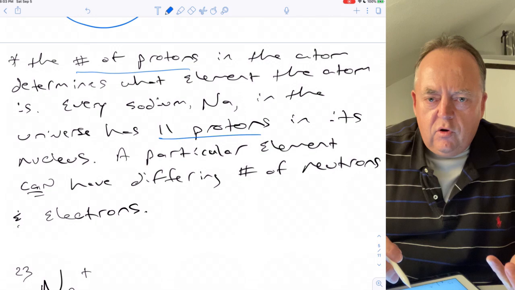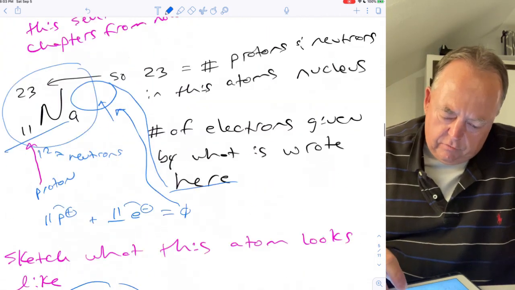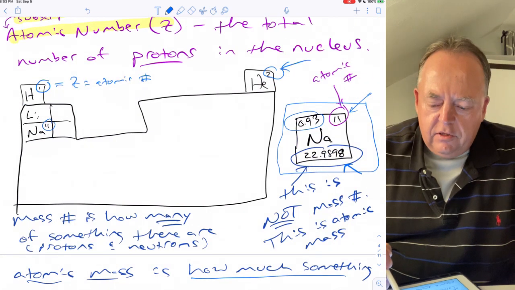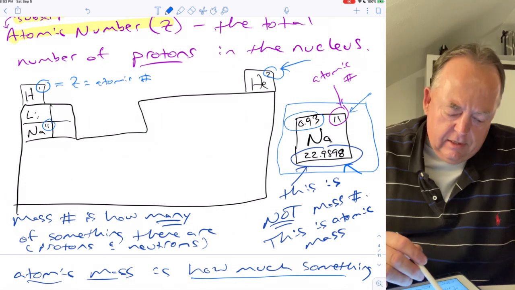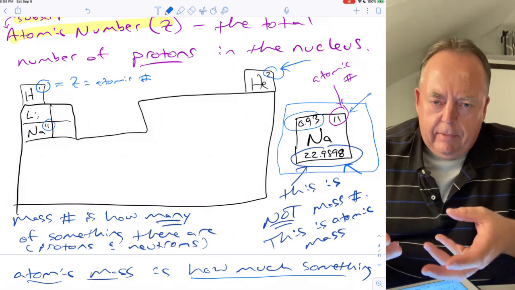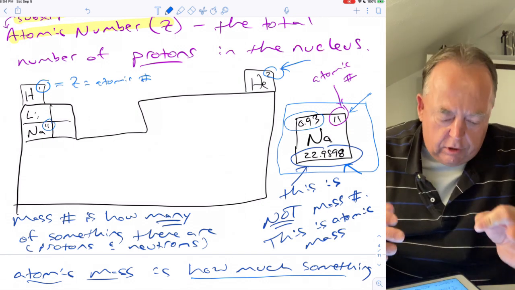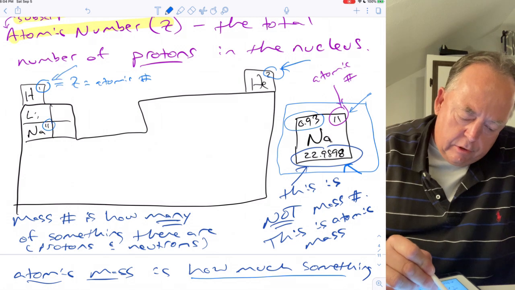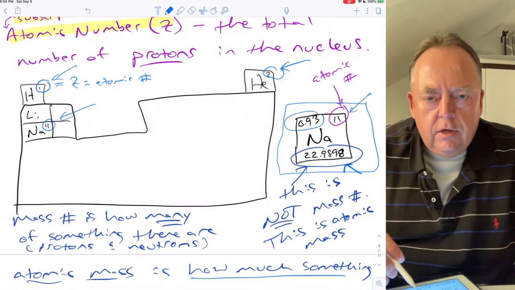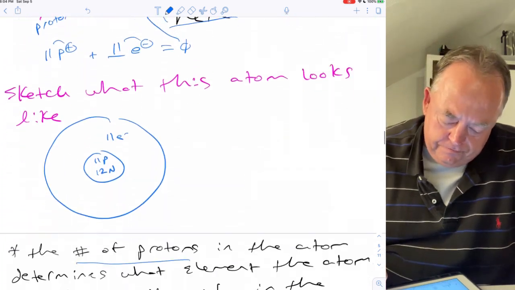If it has a different number of protons, it's not sodium, it's some other element, right? So if we looked at the periodic table, every single helium atom in the universe has 2 protons in its nucleus. So atoms can have different numbers of neutrons and electrons and still be the same element, but not different numbers of protons. So every single hydrogen in the universe has 1 proton in its nucleus, right? Every single sodium has 11 protons in its nucleus, but they can have different numbers of neutrons and electrons.